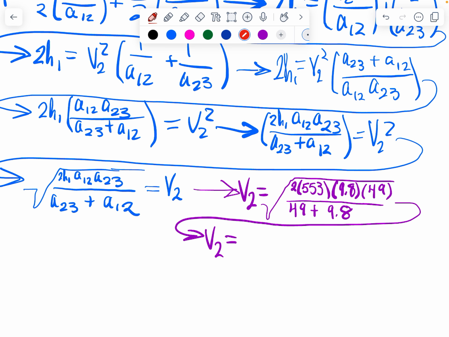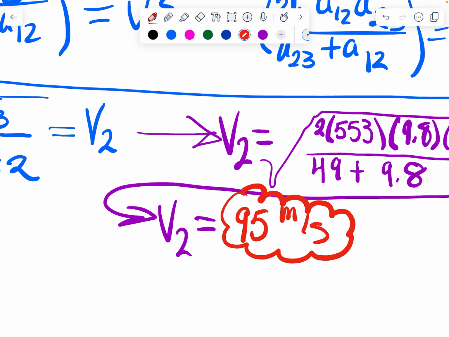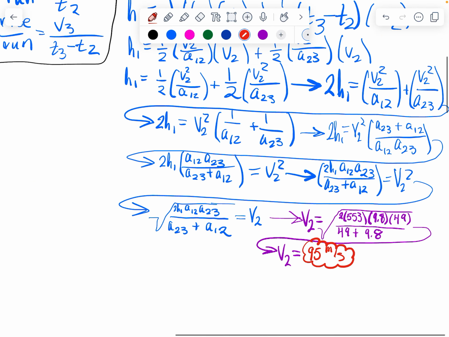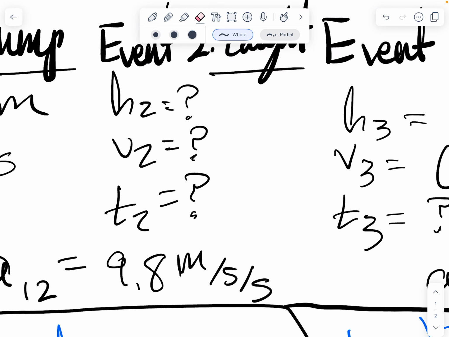Why does it take a while? That's awfully weird. Okay, there we go. That gives us 95 meters per second. It's a decimal, I'm just rounding it to make it easier. 95 meters per second. So, hey, we got an unknown. Look at that. That's a pretty big deal. It's awesome. So I'm going to put that in. So we got V2.